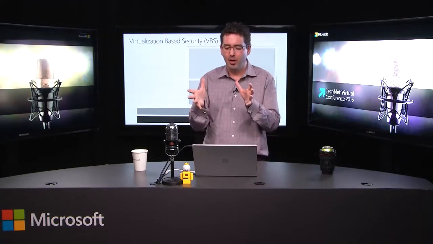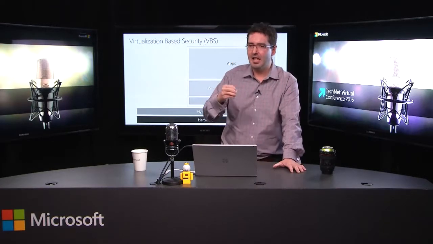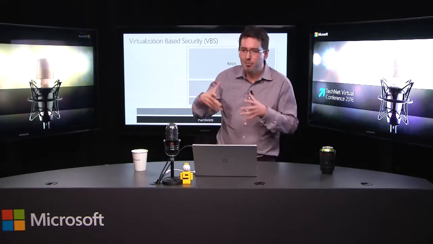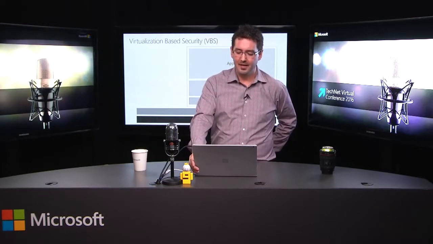Simply put, it's a Hyper-V container that isolates the LSASS.exe process from the running Windows 10 machine, and it dramatically reduces the risk of credentials being ripped from a PC by using a tool like Mimikatz, which is used in these pass-the-hash attacks.